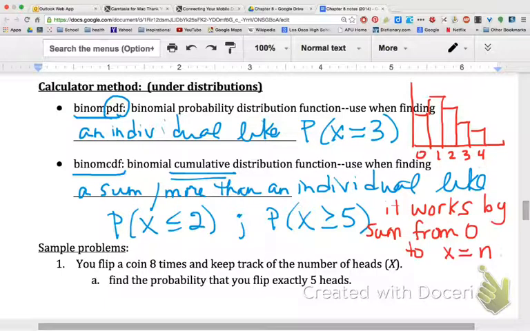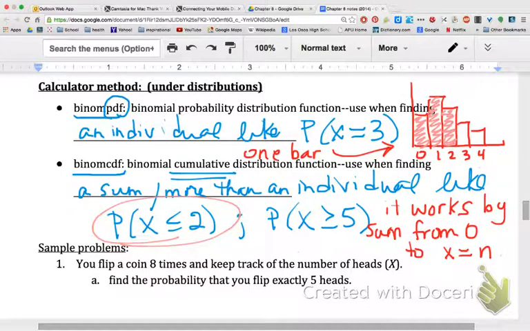And so binomial PDF will find an individual bar, so 1 bar in the histogram. But CDF, it adds them up. So if I'm doing less than or equal to 2, it'll sum up these first 3 bars.